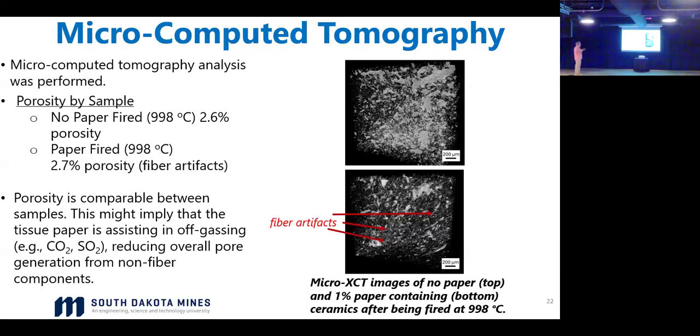We also did some micro-computed tomography. There's some nice images showing the voids where those cellulose fibers were after firing, they're probably tar or some decomposition happened. You can see in these 3D renderings from a micro-computed tomography.